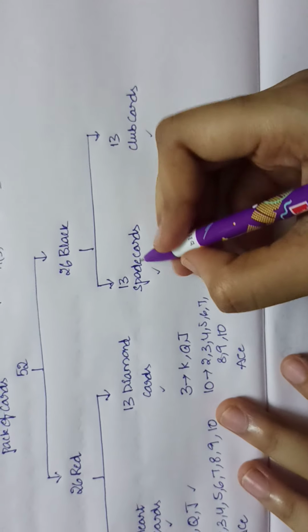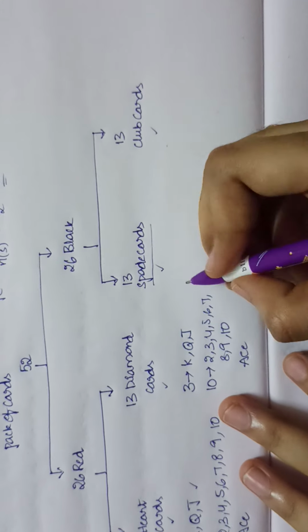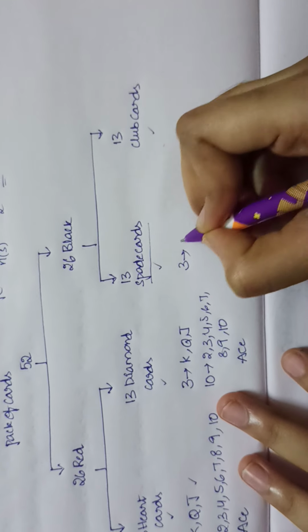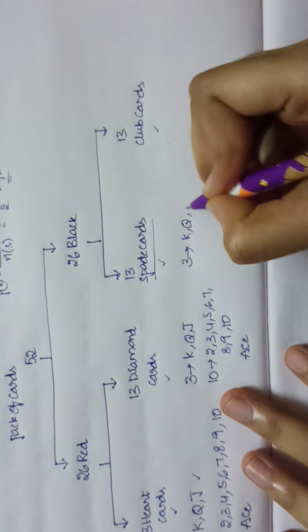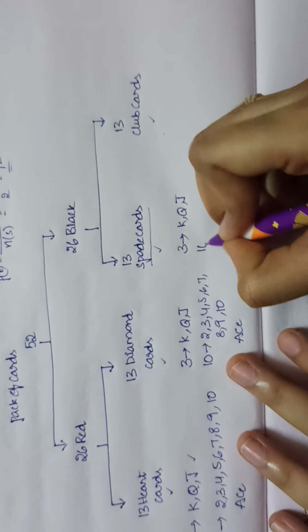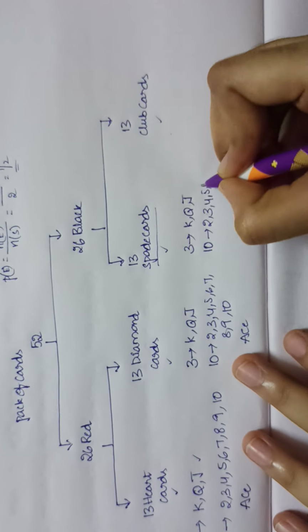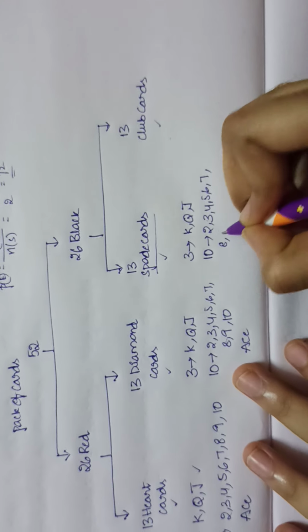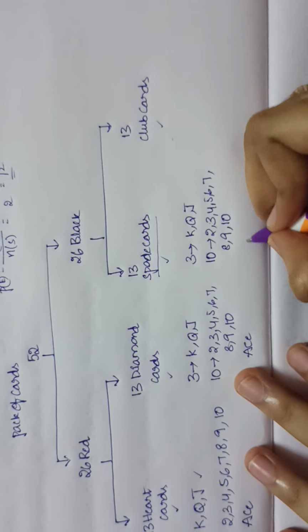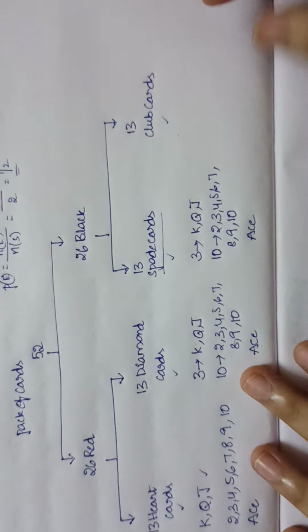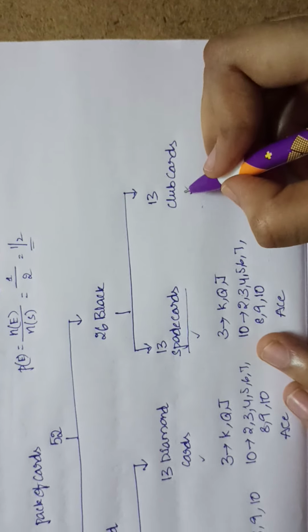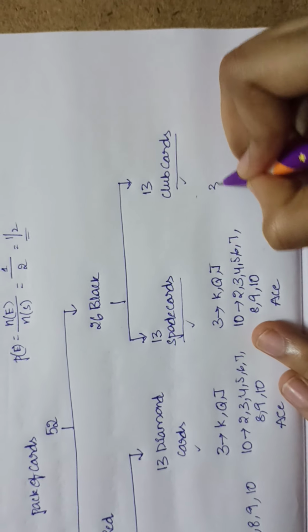In a similar way, in spade cards also there are 3 pictured cards. They are king, queen and jack. And numbered cards 2, 3, 4, 5, 6, 7, 8, 9, 10. And in place of 1 there will be an ace card. In a similar way, in club cards also there are 3 pictured cards.